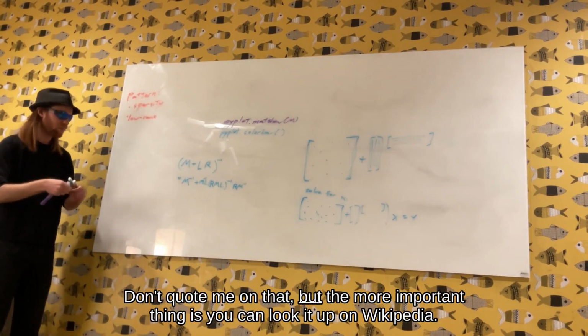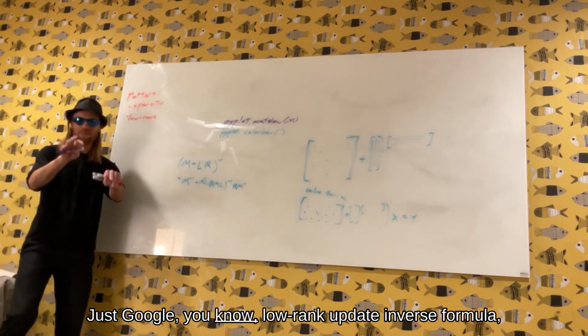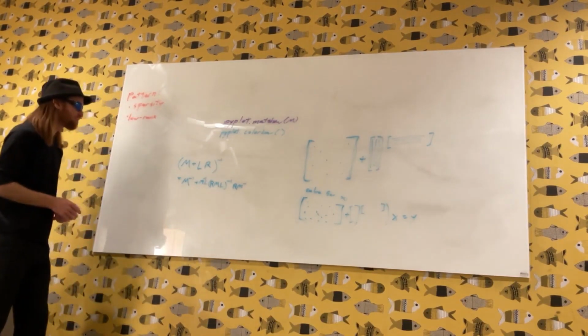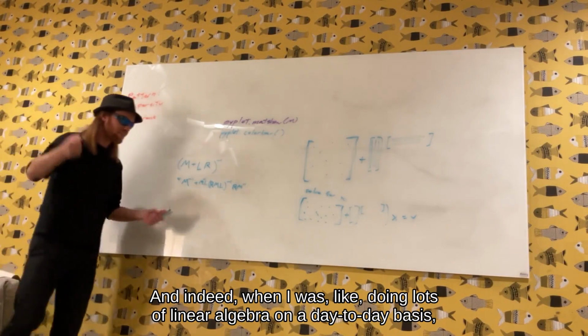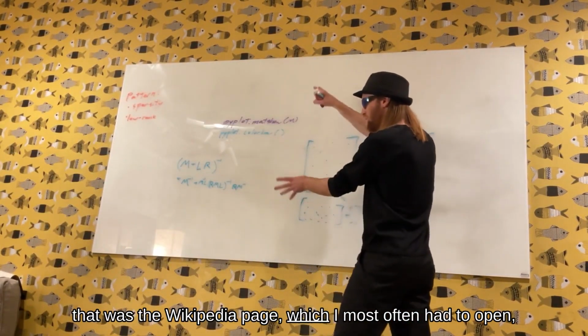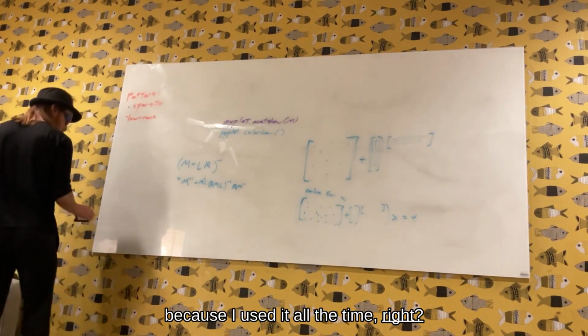Don't quote me on that, but the more important thing is you can look it up on Wikipedia. Just Google low rank update inverse formula. It'll tell you everything you need to know. And indeed, when I was doing lots of linear algebra on a day-to-day basis, that was the Wikipedia page I most often had to open up because I use it all the time, right?